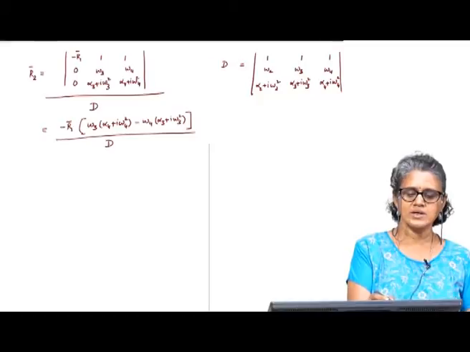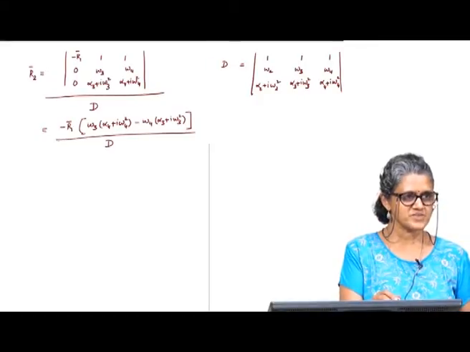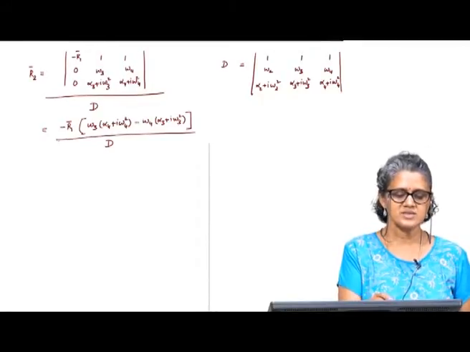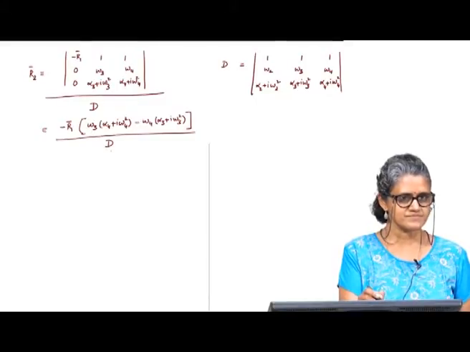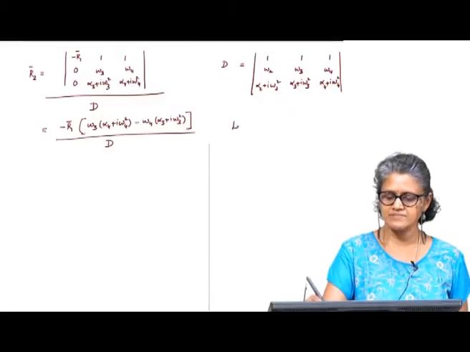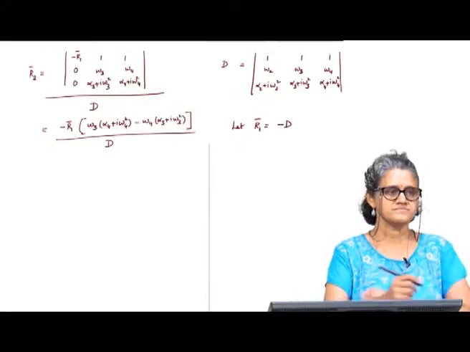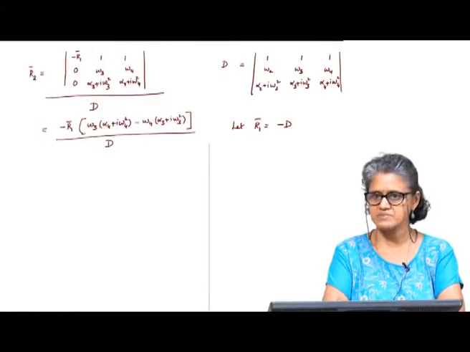Now, my R1 is a free choice. So, one way I can simplify my calculations is to say that R1 is proportional to D. So, say let R1 equal to minus D. D is a complex number, right.